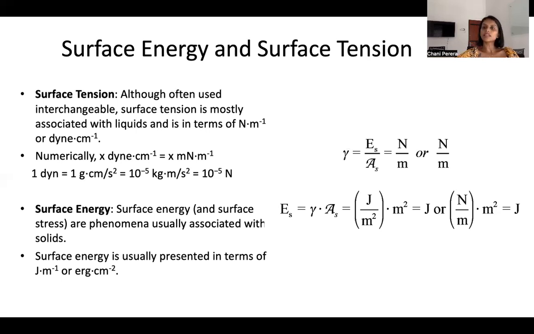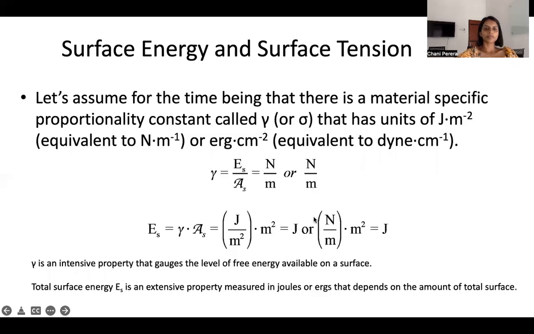E_S here is the surface free energy. A_S is the surface area of that particular liquid or solid. So if you want to find the surface free energy, you can take it to the other side, and then you have the equation in terms of surface area and the factor gamma.